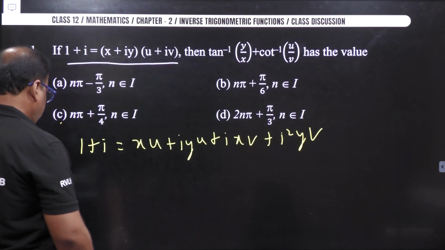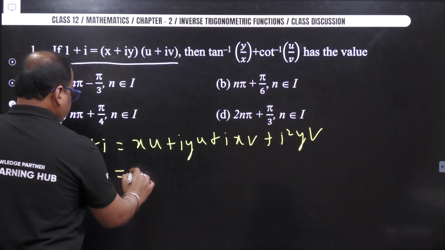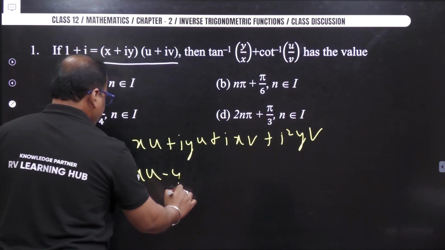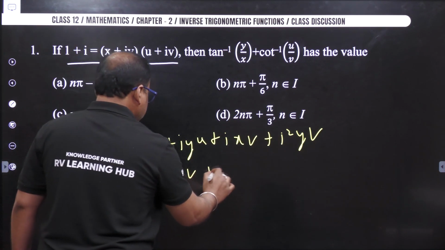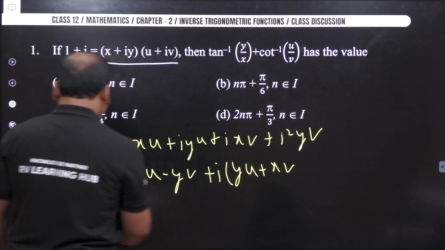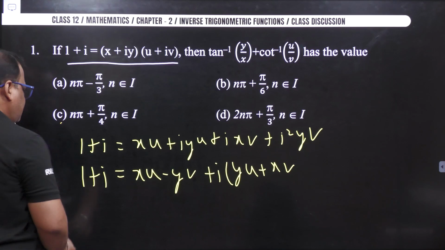This can be written as xu, since i square is minus 1, minus yv plus i into (yu plus xv). Okay? This is your 1 plus i.